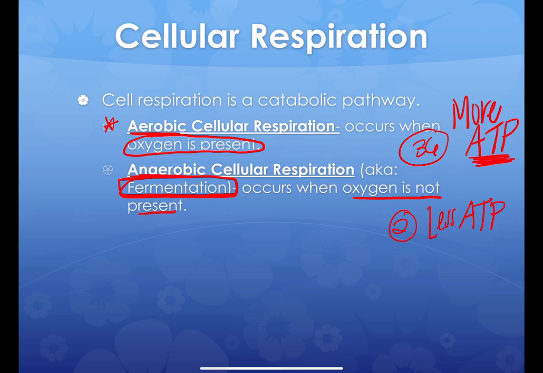But your body still needs ATP to do its things when you're exercising. But oxygen is not available to carry out cellular respiration in its natural form, and so it reverts to anaerobic cellular respiration or fermentation, which allows it to still make some ATP. We'll talk about how that happens and the pathways more later.